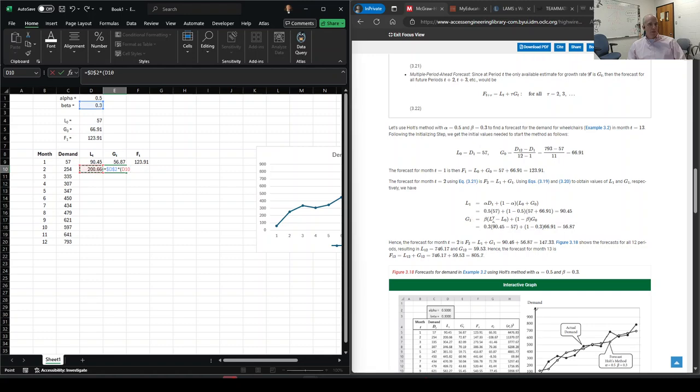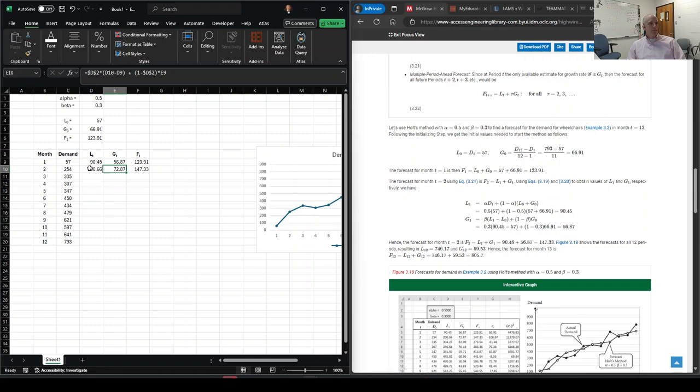So this is going to be our L2 minus our L1, the difference between those base demand levels, plus 1 minus the beta, I'll anchor that, times our G1. Again, we're looking for G2. This is going to be G1, and G1 is right there. Once I do that, we should have 72.87, which agrees right here.